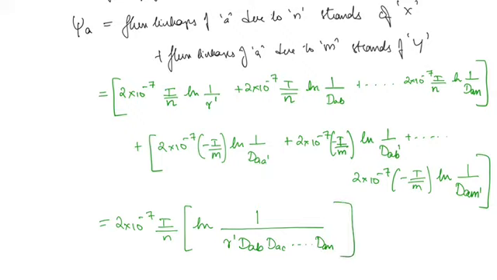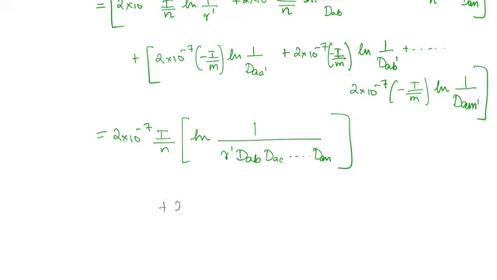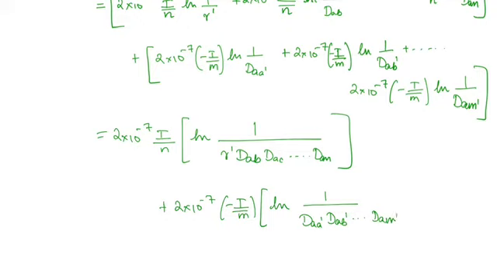This is the first term. The second term is similarly 2 into 10 to the power minus 7 minus I by m, which is common, and here you get ln 1 by DAA dash DAB dash and so on till DAM dash.